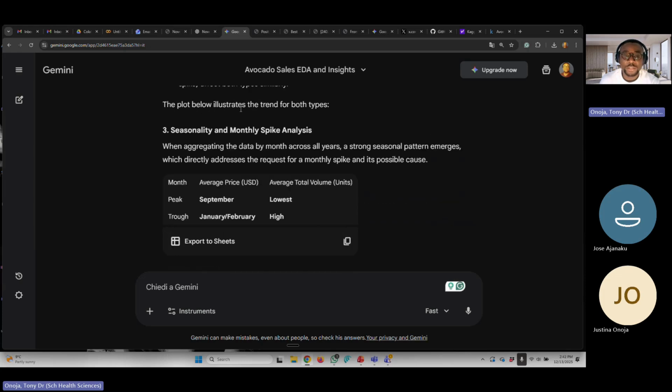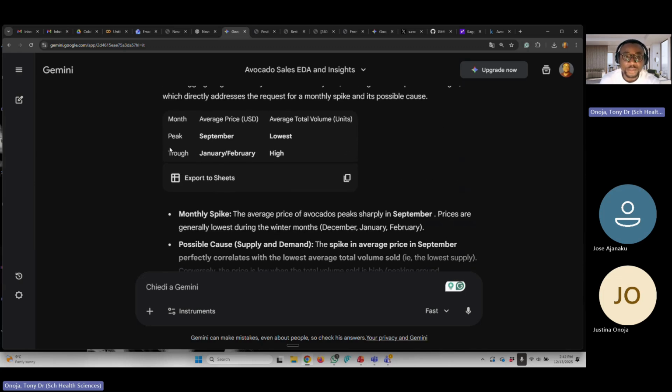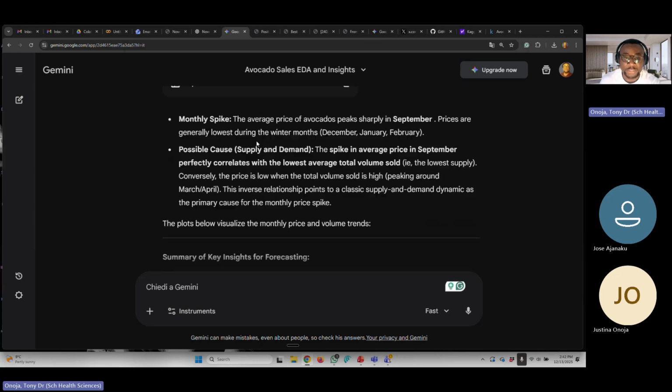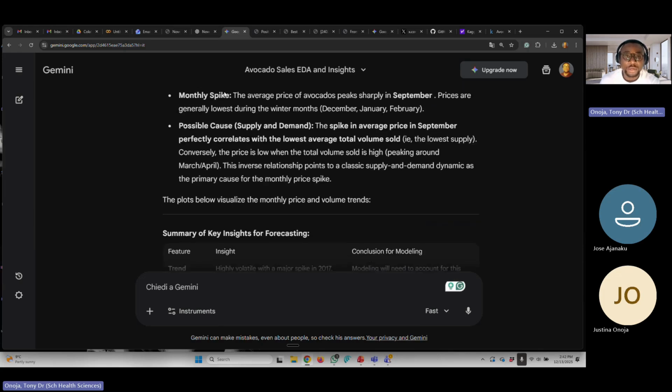The plot revealed the information, of course, we saw it. So it peaks in September and then troughs around January, February. There's high volume, but the lowest volume is around September. So probably that was why the price was high in September.